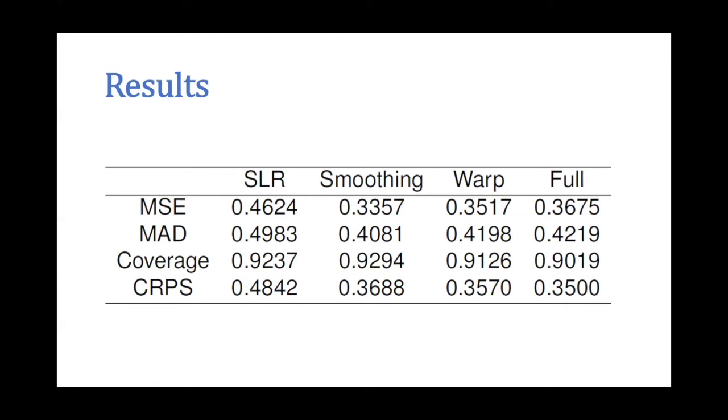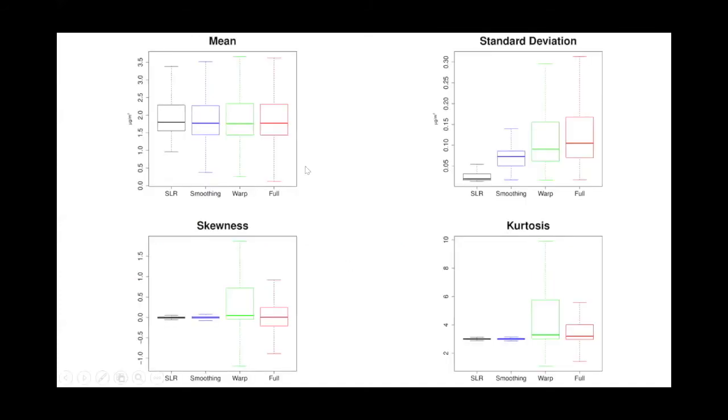So we took a deeper look into those PPDs. So the means estimated are pretty much the same for the three models. And that's why the MSE doesn't differ so much, but the only difference comes from these standard deviations, which are higher for the full model. We also see that the warp-based models are a little skewed.